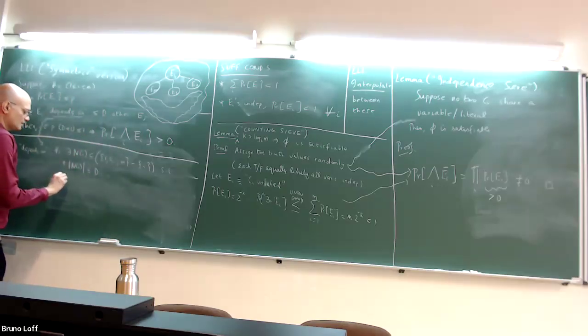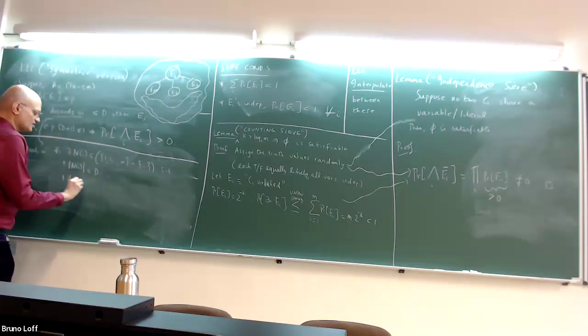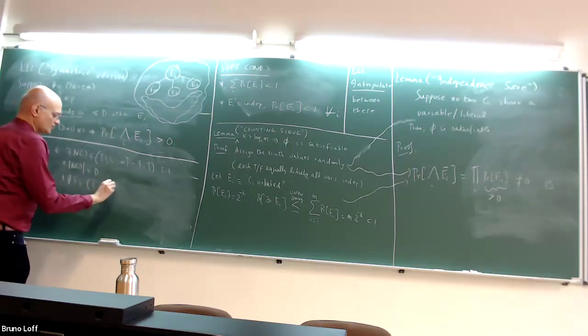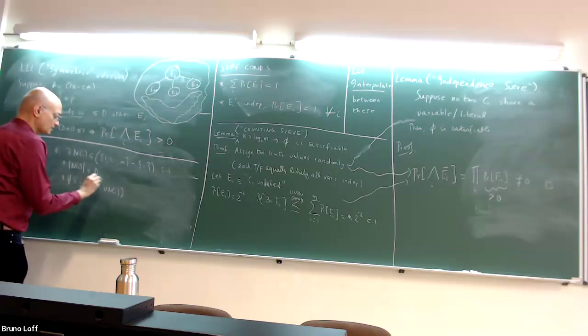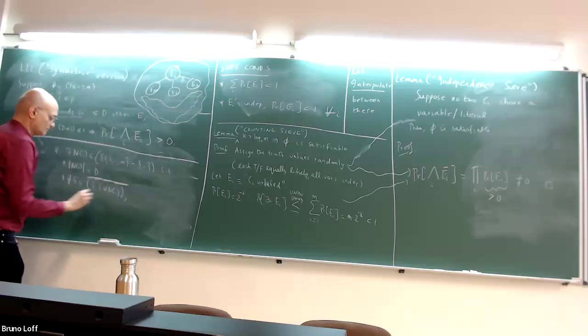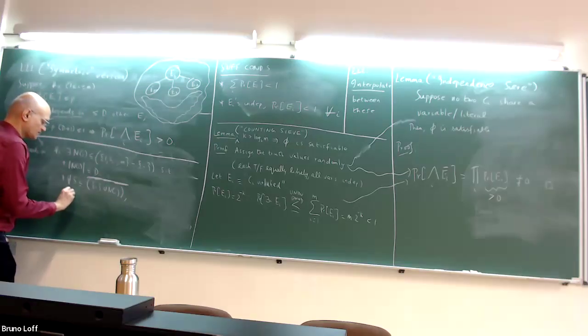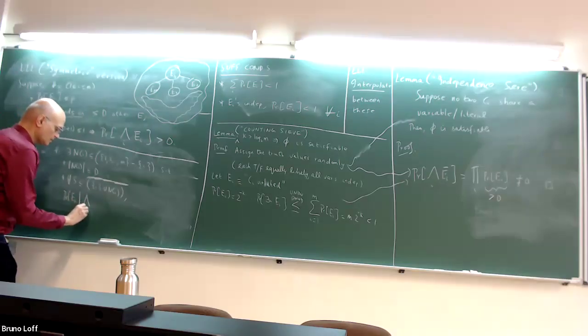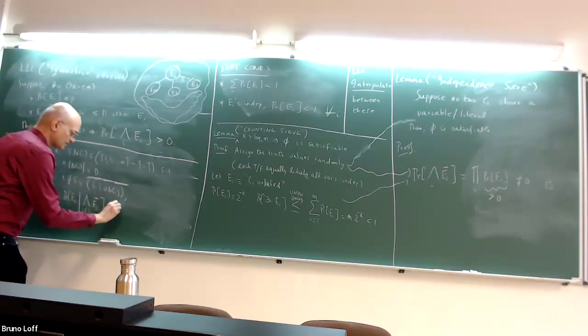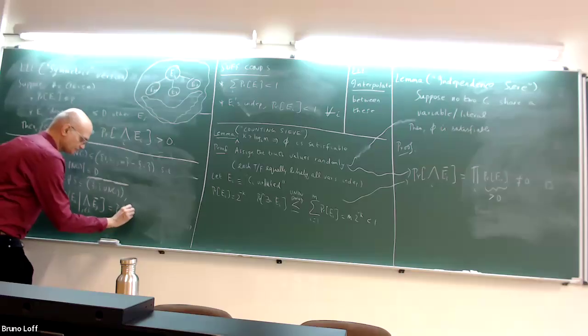In fact, for all Ej that is in my non-neighbor set, outside i union Ni, the conditional probability of Ei given Ej complement is less than or equal to the probability of Ei.